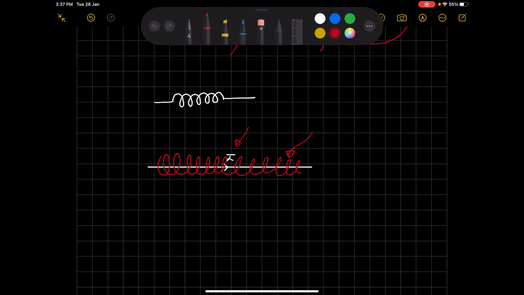Now the inverse is also true. Suppose you have a cylindrical cardboard, and you have a wire wound across it, and you have a magnet.